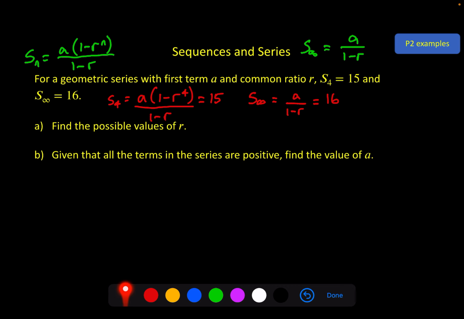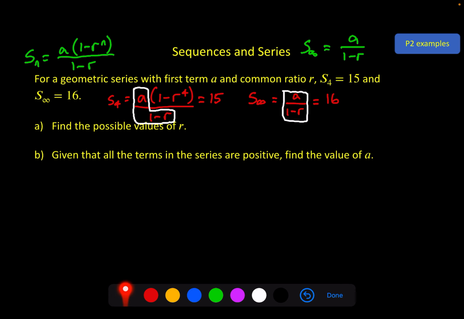Now this might not look very helpful initially, but if I just highlight in white here and here, we've got the same little expression, a divided by 1 minus r. And that's why I used this format of this formula rather than r minus 1.